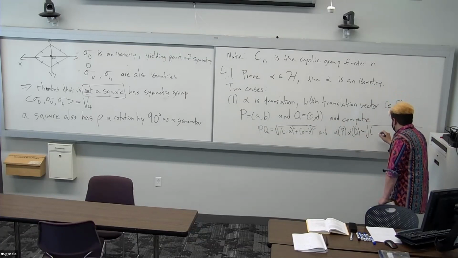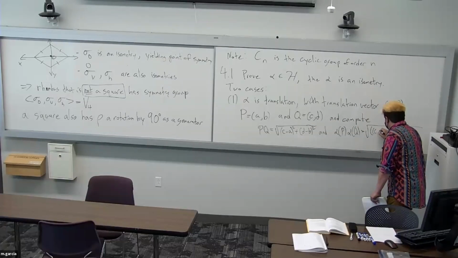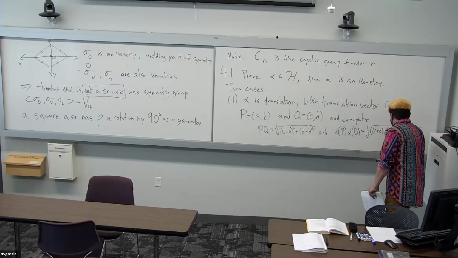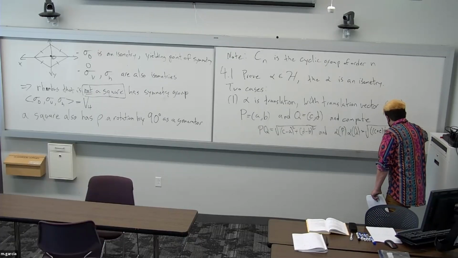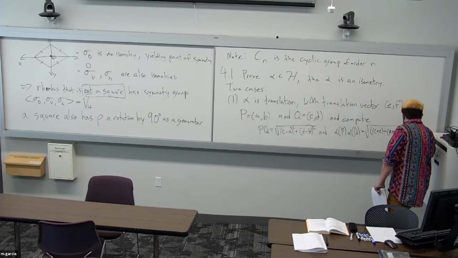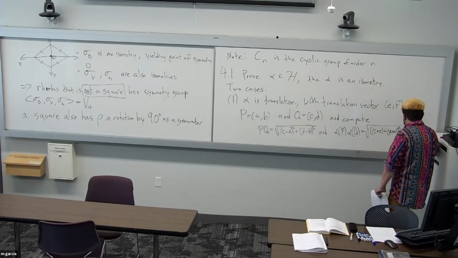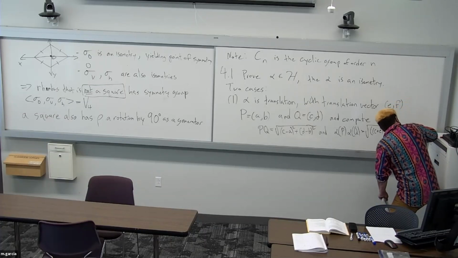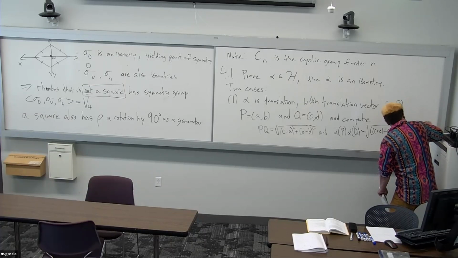Okay, so in other words, I get C plus E minus A plus E squared plus D plus F minus B plus F squared.